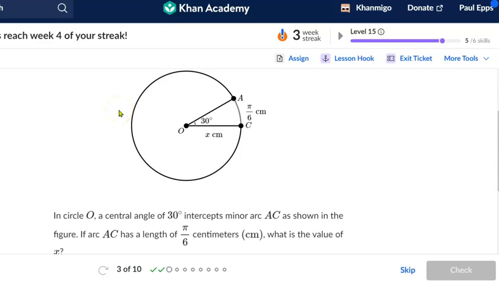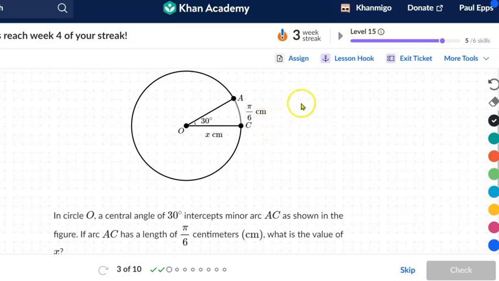All right. Well, it looks like a unit circle, but 30 degrees, we've got pi over 6 centimeters. So if we wanted to get the entire circumference of the circle, we would have to multiply it times 12.